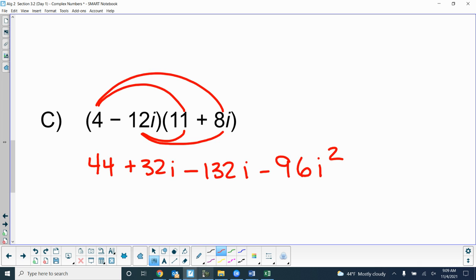Okay, so what happens to our 96? Becomes plus 96, right? So combining like terms, 96 plus 44, 140, and 32 minus 132, minus 100i. Okay? So adding and subtracting, you combine like terms. Multiplying, you got to FOIL.